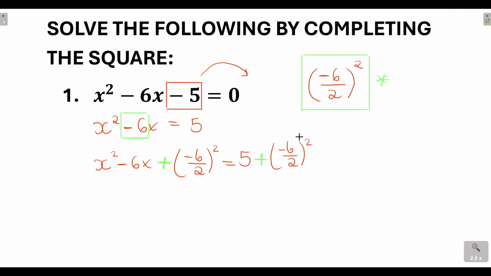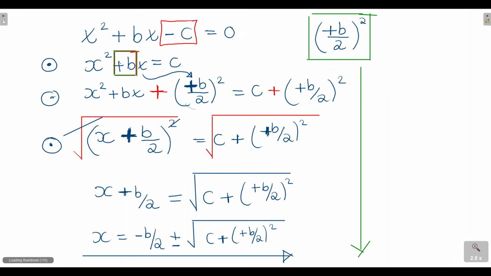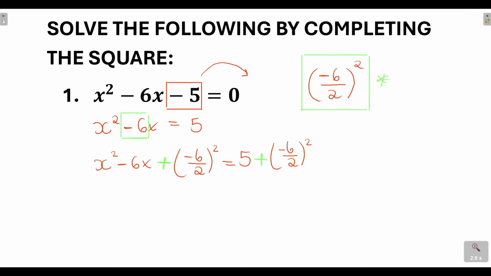Then now what do we want to do, guys? We want to now factorize our left hand side so that it is in the form of x plus b over 2 all squared. Someone now might be a bit confused when it comes to the signs. But remember, we're just going to rewrite that x. After taking your negative 6 divided by 2, what do you get?